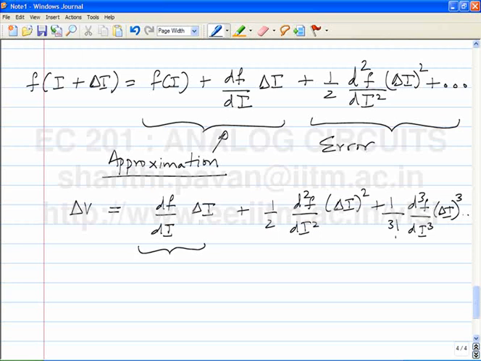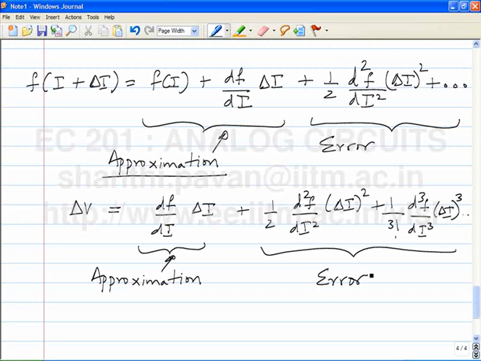So this must be the approximation error.